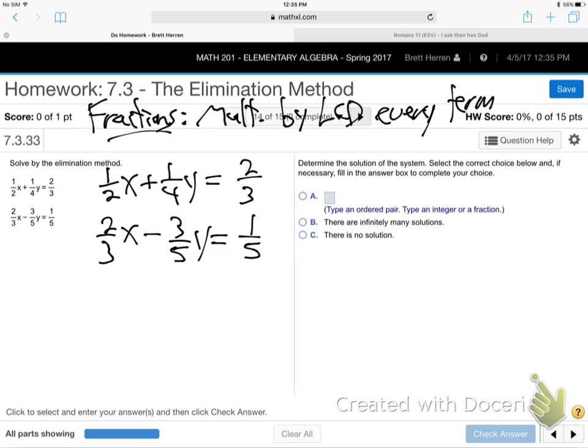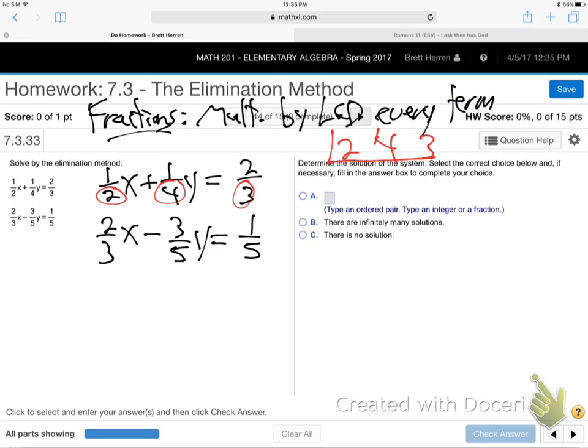All right, so I got to find the LCD. So if I put the 2, the 4, and the 3 in the LCD box, see what I'm doing? 2, 4, 3. You guys with me? I grab the 2, the 4, and the 3, and I put them in the LCD box. Remember how to do that?